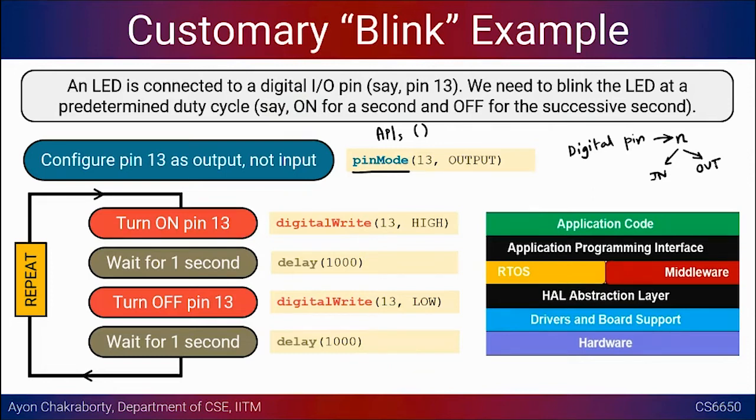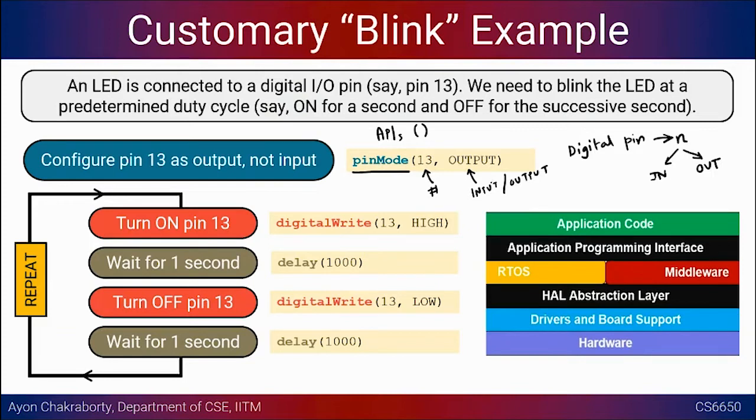From the program itself, we can output a certain thing on that pin, whether we want to make it high or low, that is our choice, but we can configure that pin to output from our code. For that we need this API called pinMode, and it takes two arguments. The first one is the pin number, and the second one is whether we want to use it as an input or an output.